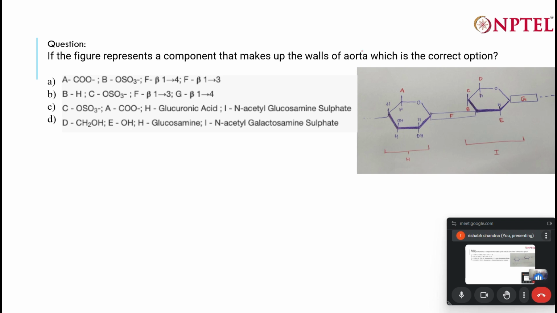So the walls of the aorta are actually made up of chondroitin sulfate.